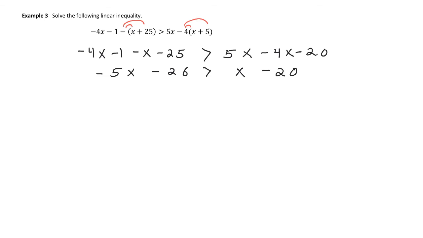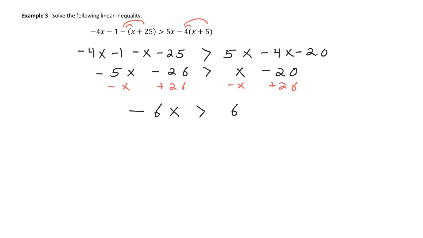Okay, I think now I'm going to subtract x from both sides, but also add 26. And I end up with negative 6x is greater than, and on the right we have positive 6.